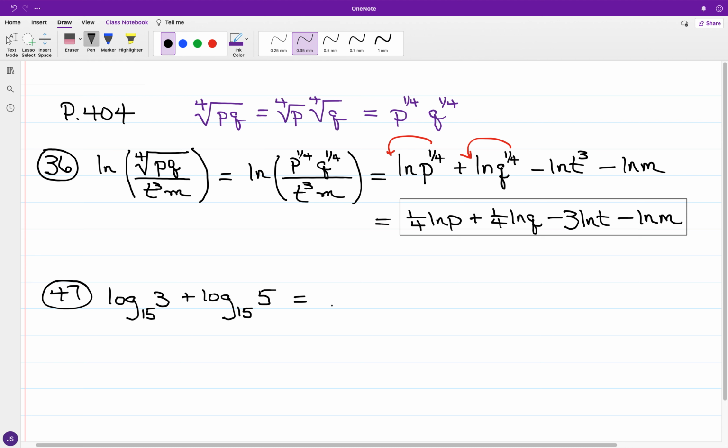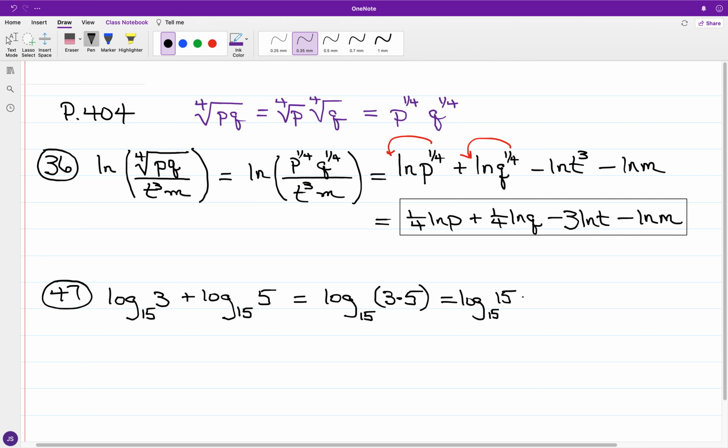Again, addition implies multiplication whenever you're compiling as a single logarithmic term. So I have the base 15 logarithm of 3 times 5, so now I have the base 15 logarithm of 15.